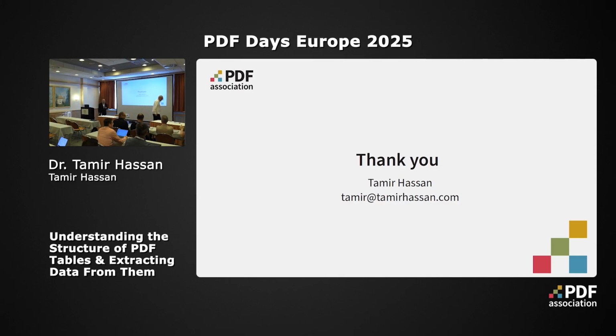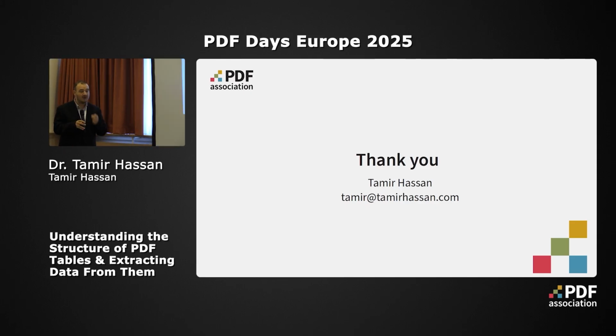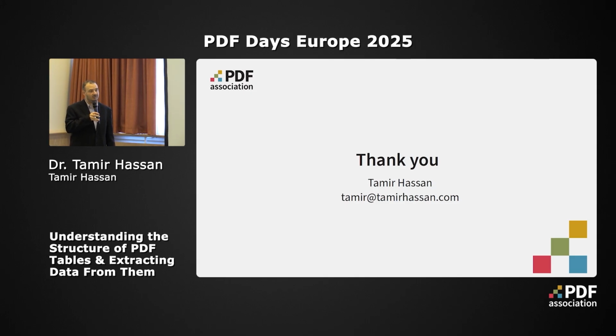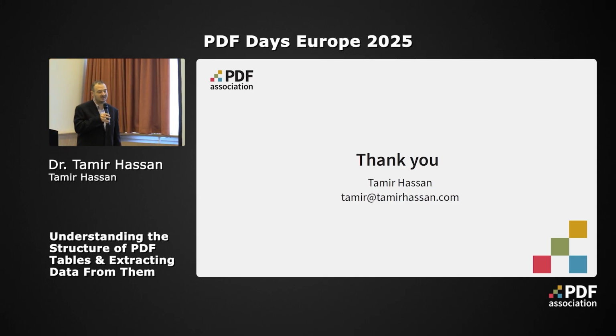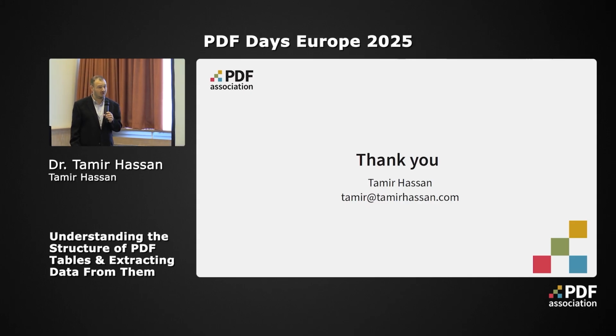Have you tried any of these approaches also with data cells that have a column span or row span other than one? Yes, we have. And how have you found the results? Well, firstly, if the table is fully ruled, then it's a no-brainer. If the table isn't fully ruled, then in general, they have worked quite well.